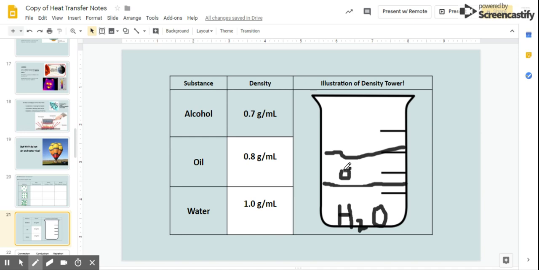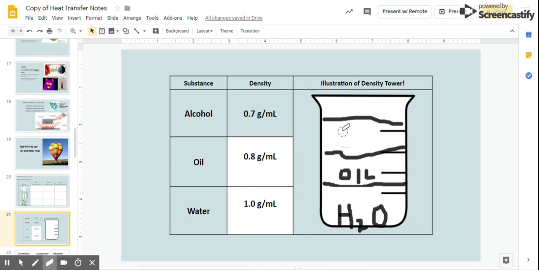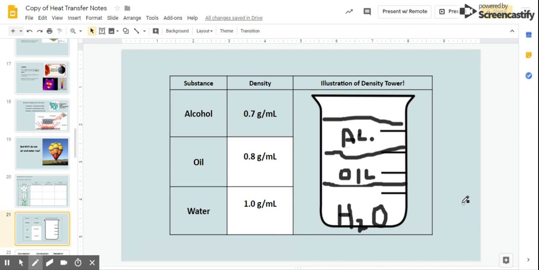Something like oil with a medium density would stay kind of in the middle. Something like rubbing alcohol, I might just put AL, because I'm not writing that with this little pen. AL, period. So something like alcohol, which has a very low density, floats to the top.